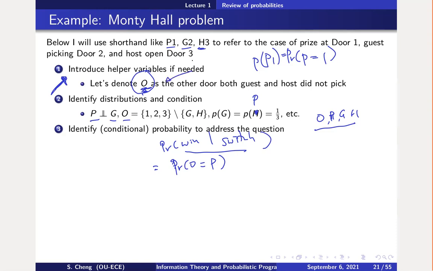For me to win, the probability of winning is just the probability O equal to P. So finding the winning probability when I switch is just finding the probability O equal to P.